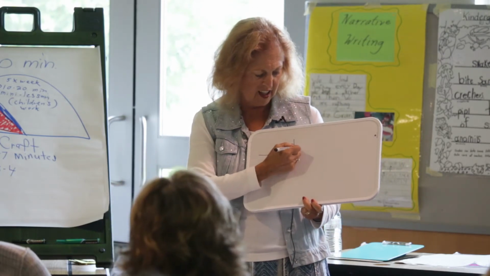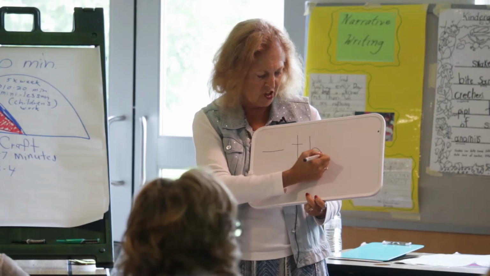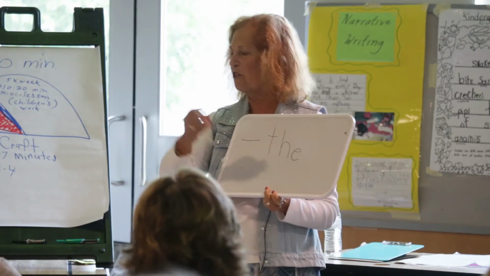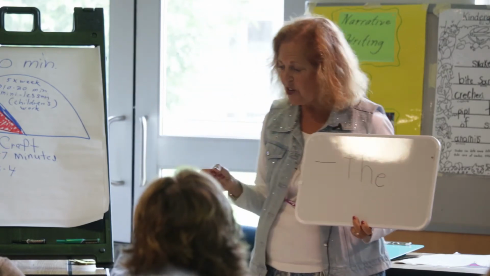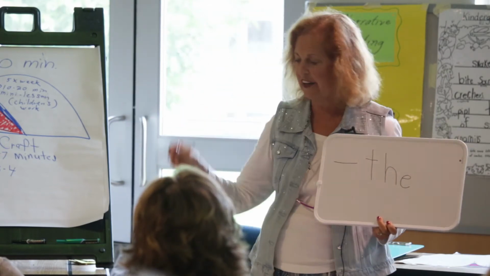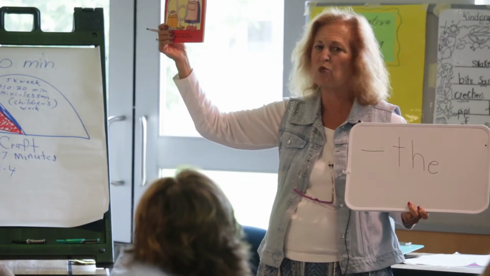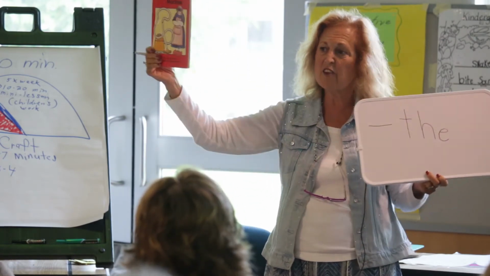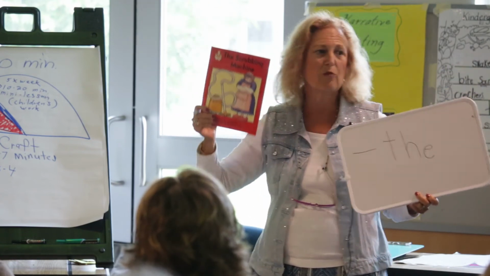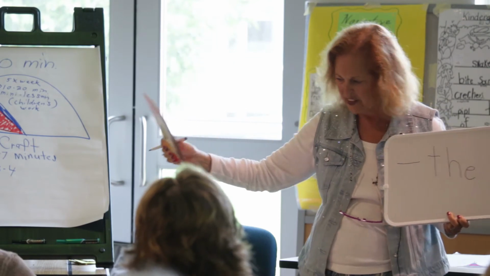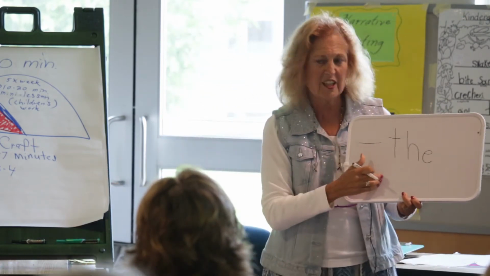First the letter T, then the letter H, then the letter E. Let's do a cheer for the word the. Then I'm going to find a big book like The Scrubbing Machine, and I'm going to highlight the word the. So now the kids have 2 places to find it. Then I'm going to put it up on the word wall, so now they have another place to find it.